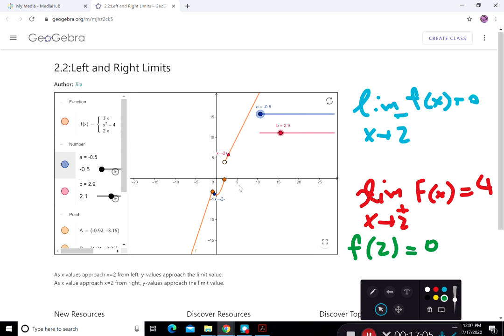And then there's the value of the function that is there. They're different issues, and they're not dependent on each other unless extra information, an extra restriction, is given.